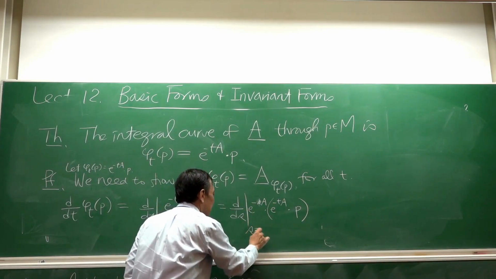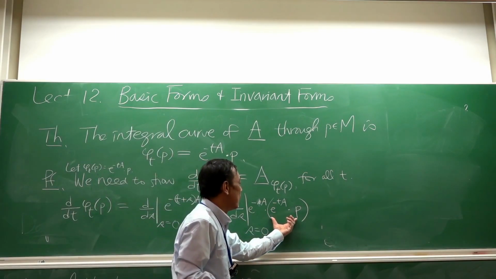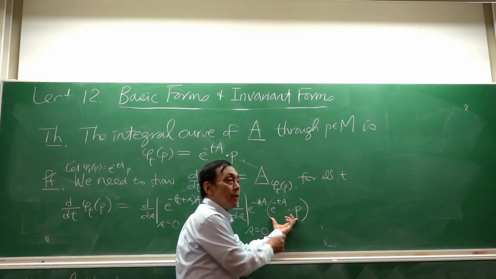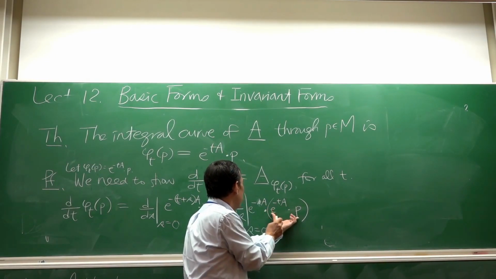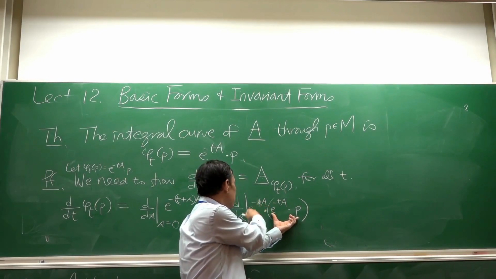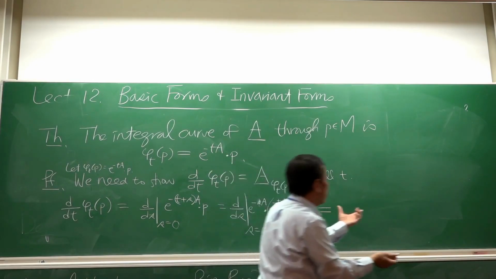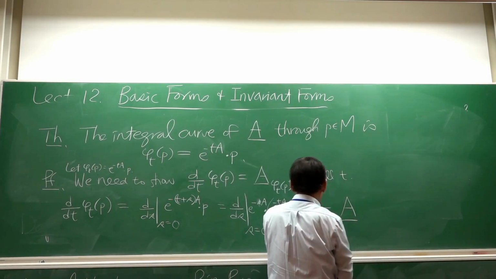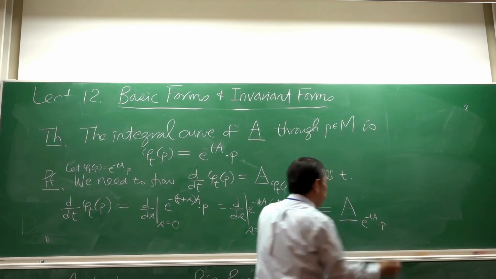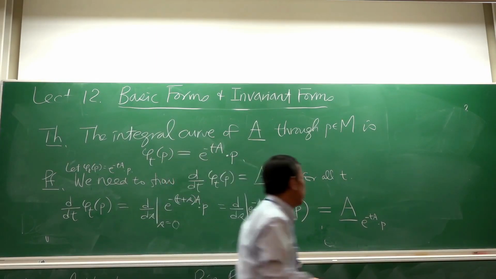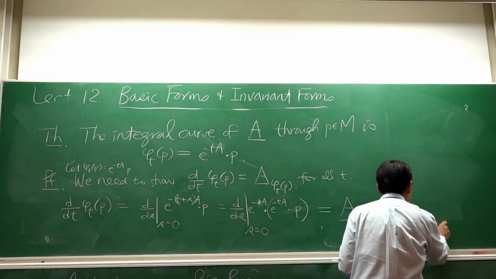And then we evaluate s equal to 0. Okay? And so now this is our new point. So we are multiplying the new point by e to the minus sa, differentiate and evaluate s equal to 0. And so that's going to give us a bar, but at the new point, e to the minus ta dot p. And this is a bar at phi t of p.